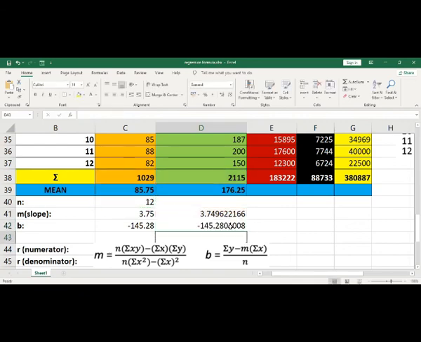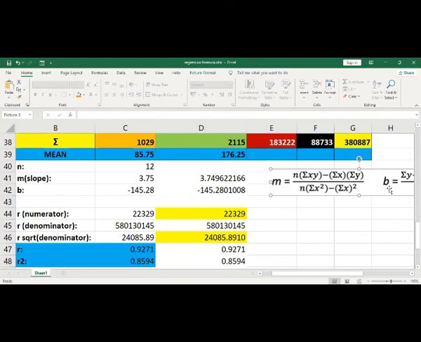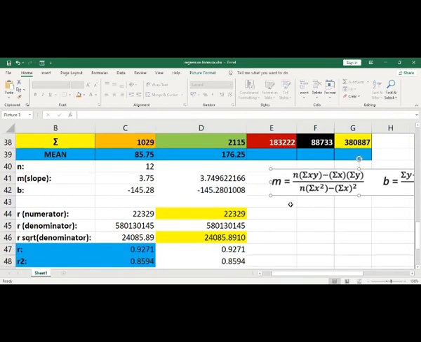So that is negative 145.28. So from that, we can create the equation. So ang final equation would be y is equals to 3.75x minus 145.28.